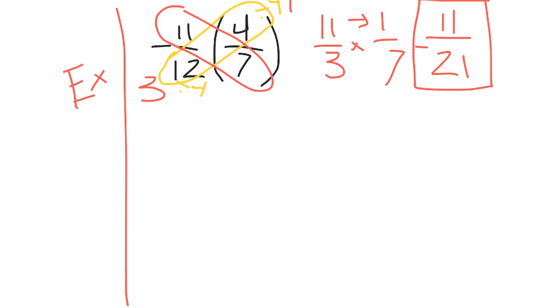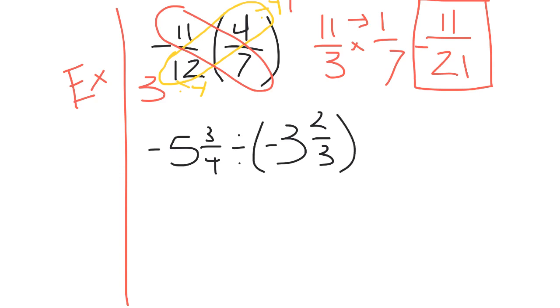Okay, let's do one more. I'm going to have us do a division one. So our division example here, let's do 5 and 3/4 divided by a negative 3 and 2/3. So they're both negative, and they're both mixed numbers to start with.